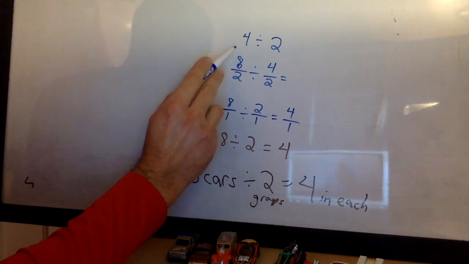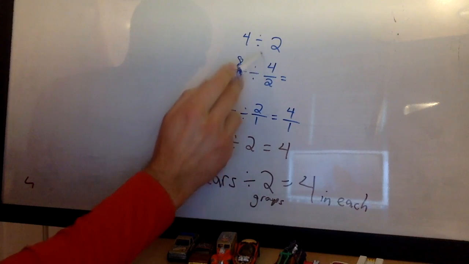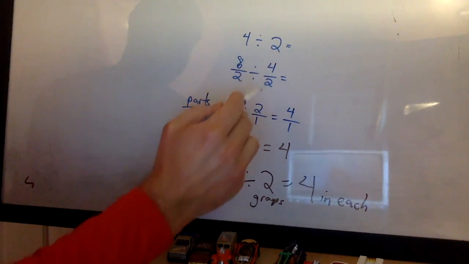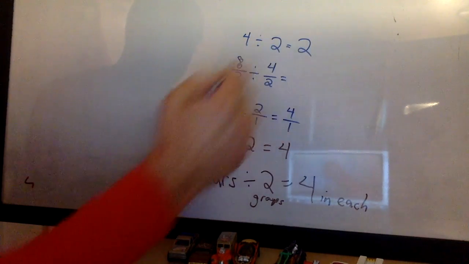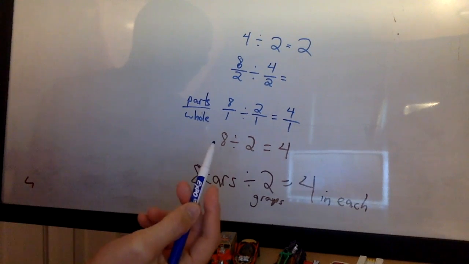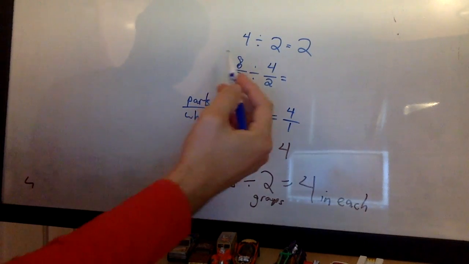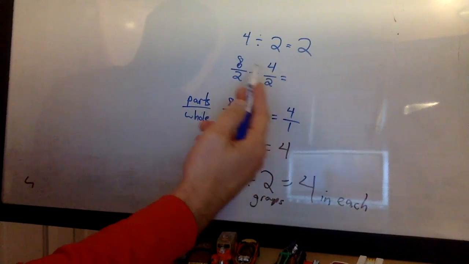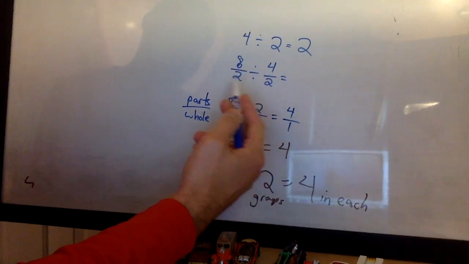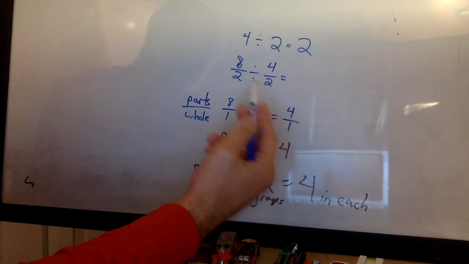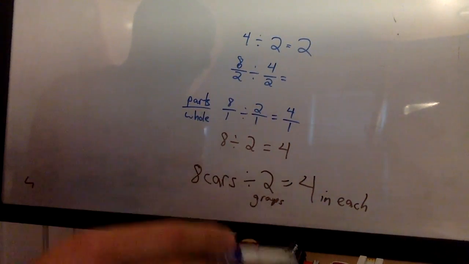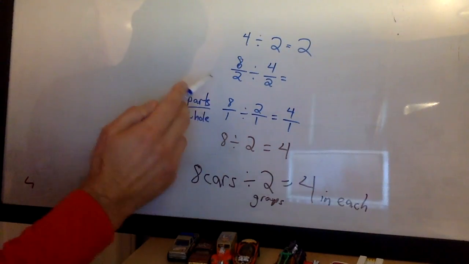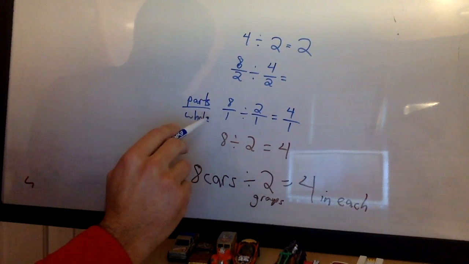Because 8 halves is 4, and 4 halves is 2. So I know the answer has to be 2, but I want you to think about trying this. You know how when you multiply fractions, you sort of go straight across numerator and denominator, or even when you add and subtract fractions, you can go straight across, but you have to have a common denominator? Well, I want you to think about common denominator with division of fractions.